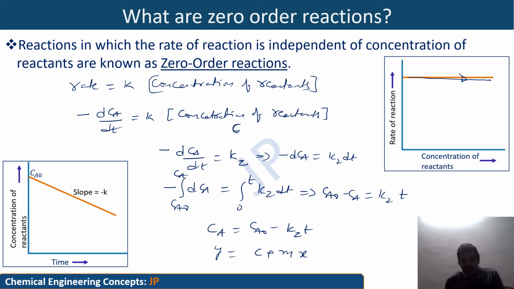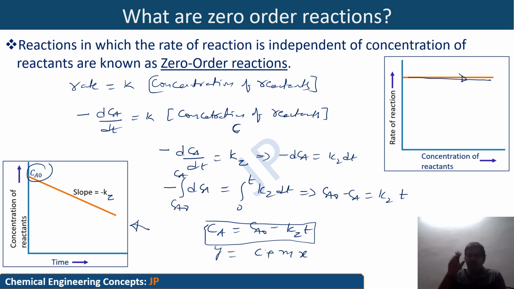So what is happening is the concentration of the reactants is decreasing with respect to time, with the initial concentration Ca0 and the slope of the curve is minus K suffix Z. The concentration of reactants is decreasing and the rate of decrease is as given in the figure.